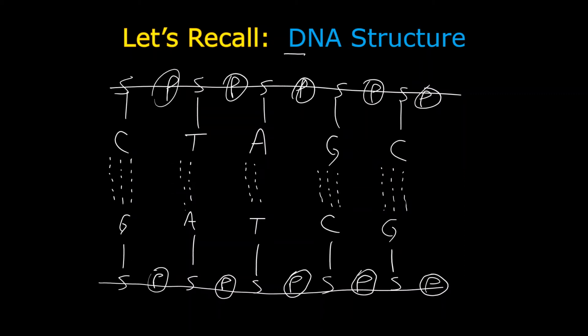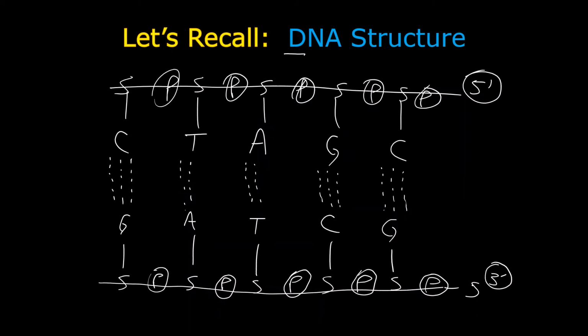Now there is going to be one new thing though. We're going to find out that these strands don't actually run the same direction. Whenever we draw the pictures, they look like they're running the same direction, but they're actually going to be opposites. You're going to see a notation like this: 5', and then this would read 3'.